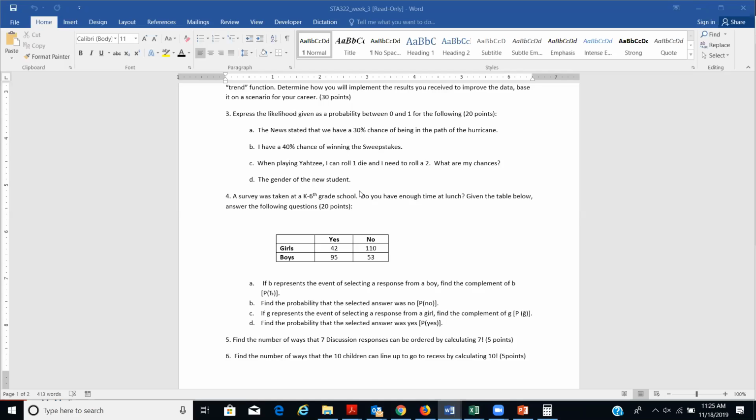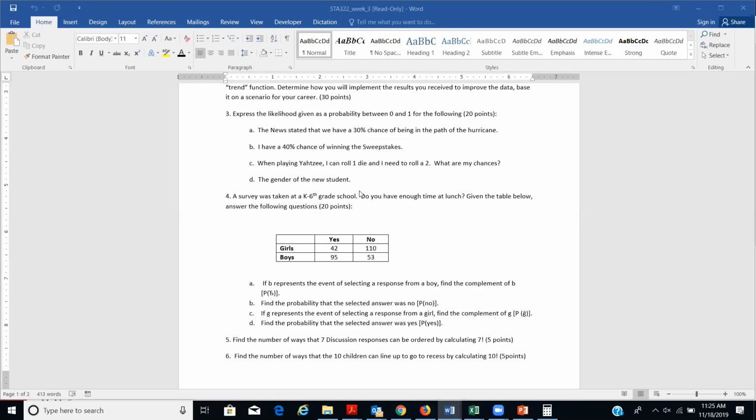So we divide that and calculate a percentage, right? So let's do that. There's 148 boys divided by 300 students. So the probability is 49.33%, or 0.493, that a randomly chosen response will come from a boy.